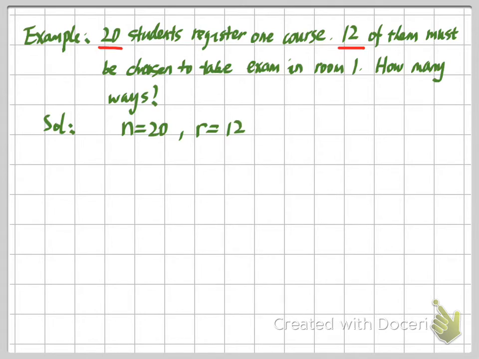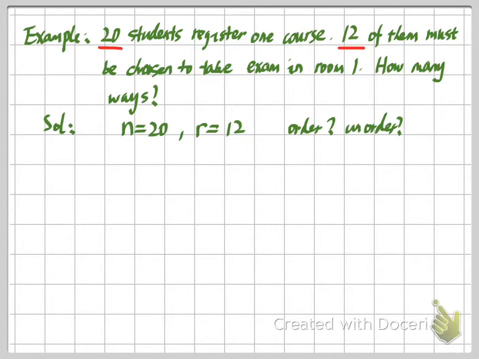And then the next thing is whether this question is about an ordered arrangement or an unordered one. This is an important question. So now we need to read this question. In the question they said we need to find 12 students and let them take the exam in room 1. We didn't say we need to put them in some seat, or order them, or anything like that.